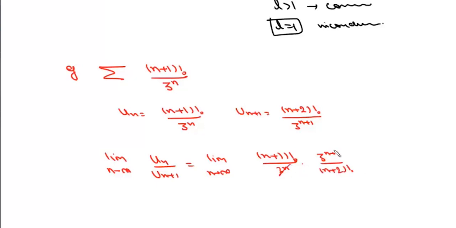Now this 3 to the power n will cancel, and this factorial n plus 1 will cancel. So we'll get this limit, n tends to infinity, 3 upon n plus 2, and the value of this limit is 0, which is less than 1. And if it is less than 1, then in that case this series diverges. So this series is a divergent series.